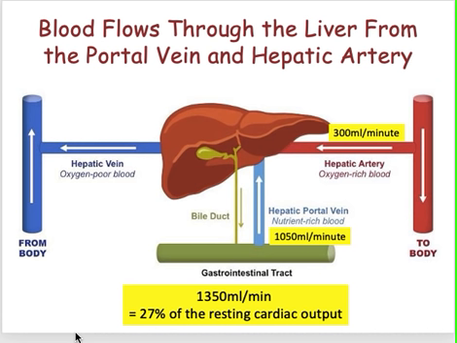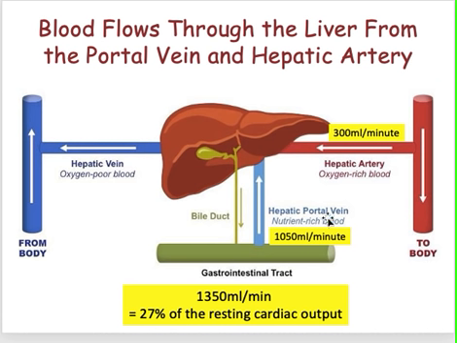So your blood flows through the liver from the portal vein and your hepatic artery. About 1050 ml of blood flows from the portal vein into your liver per minute.